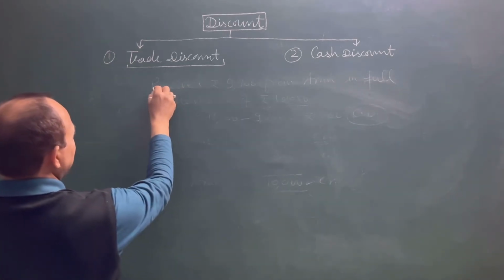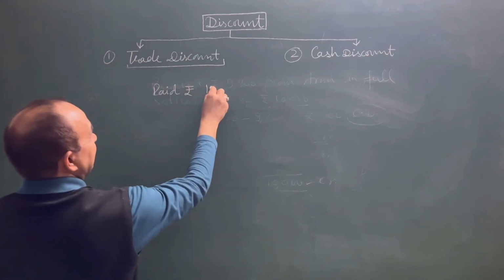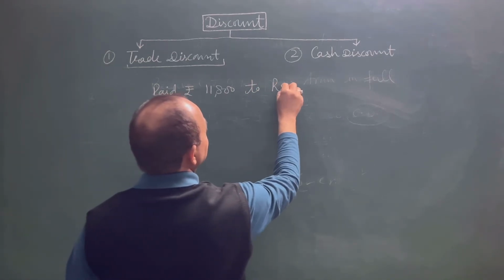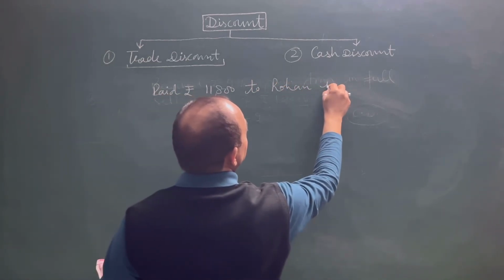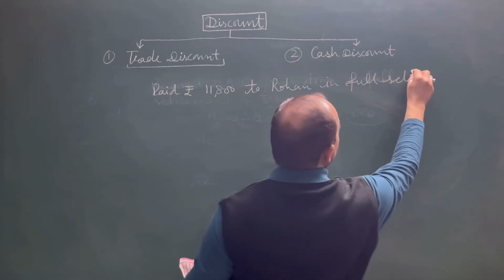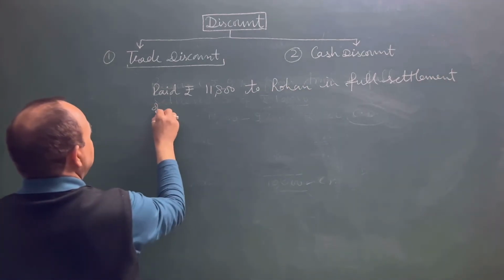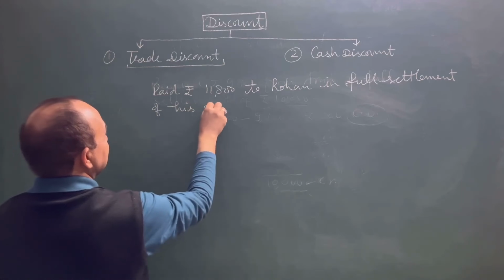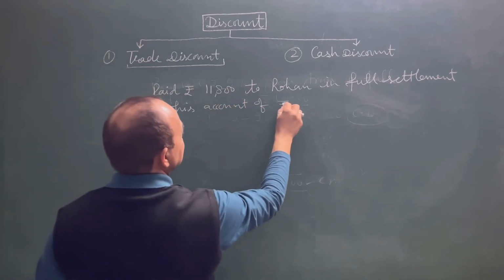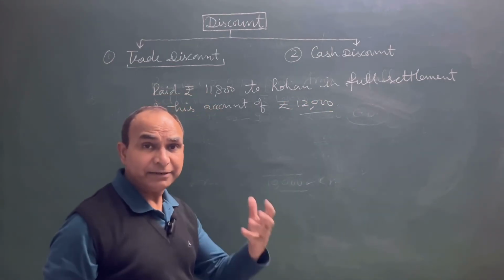See, paid rupees 11,800 to Rohan in full settlement of his account of rupees 12,000. See students, this is a case of gain earned by us.